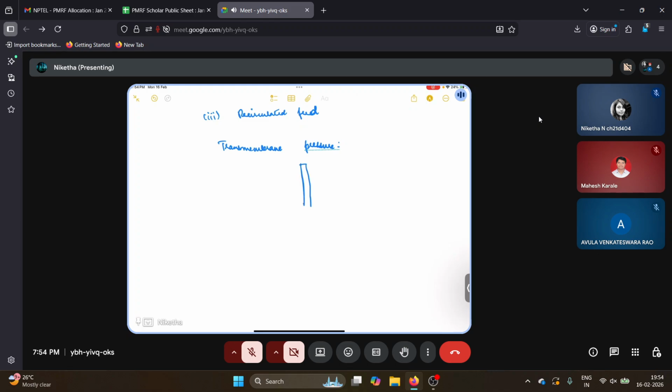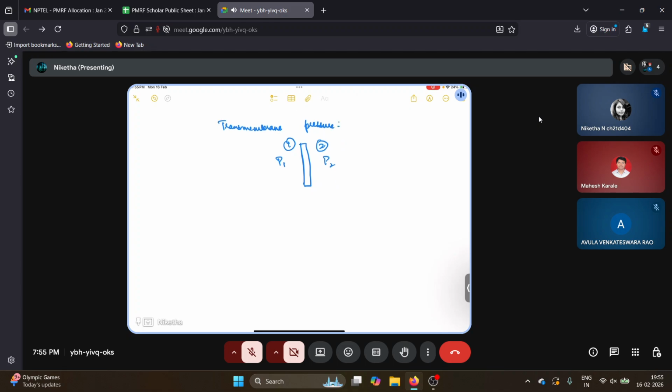So we have a membrane and two sides of the membrane. This is the first side, which is the feeding side, and the second one is the output side. So this side is the inlet and this side is the outlet. The pressure difference across these two sides, let's call them P1 and P2, is your transmembrane pressure.